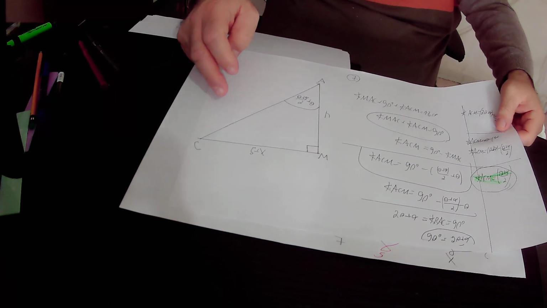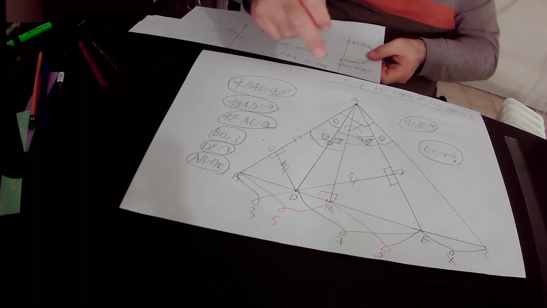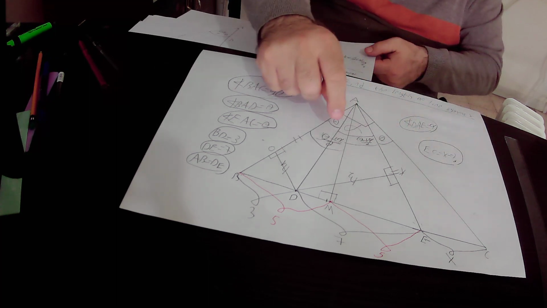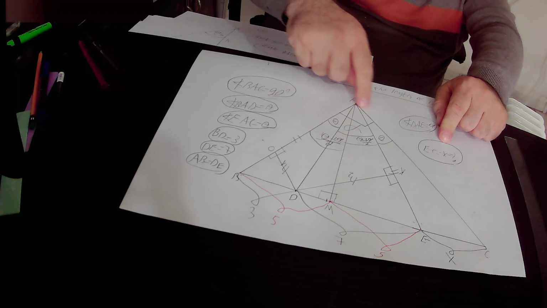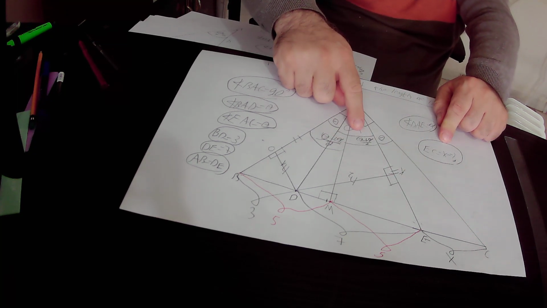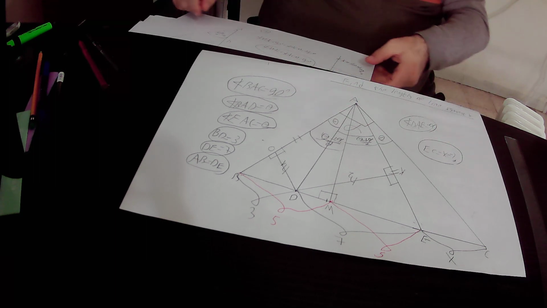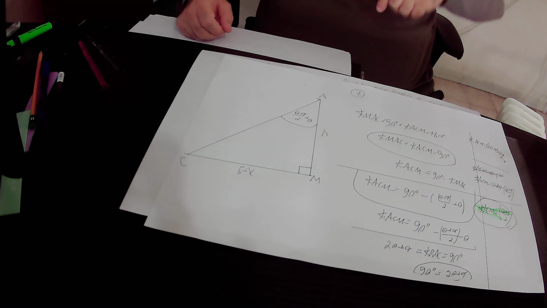And what is the value of angle CAM? It is very easy to see that the value of angle MAC is equal to theta plus alpha over 2 plus theta. Okay, the value of angle CAM equals theta plus alpha over 2 plus theta.